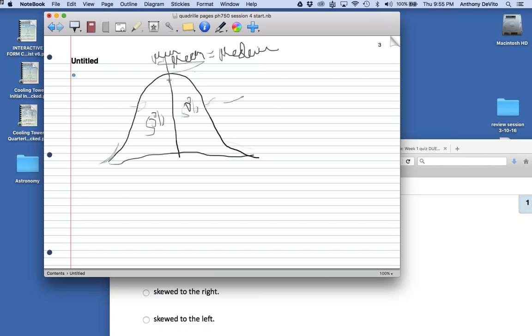So in a perfect normal distribution, the average and the middle number are the same thing. In other words, if this were blood pressure and the mean were 100, the median, the middle value, would be 100 as well. Okay, so now let's take a look at what happens if you take this distribution, and instead of it being a perfectly normal distribution, the tail on the right extends out this way, right?